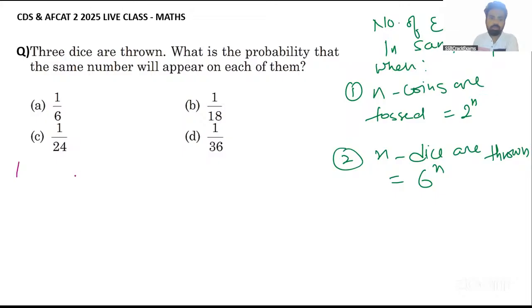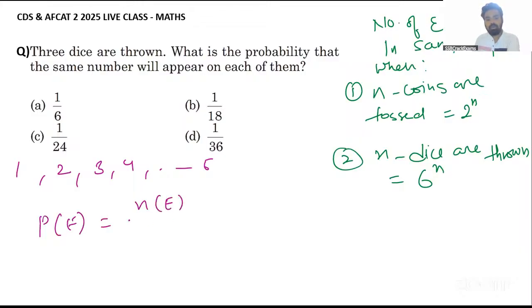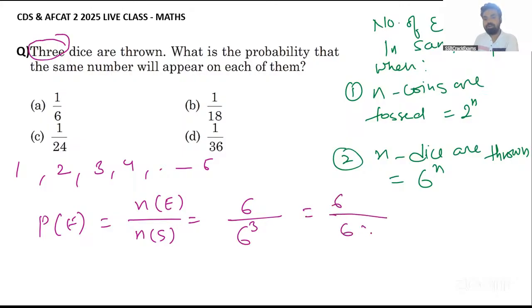It means 1 on each of the dice, 2 on each, 3 on each, 4 and so on, 6 on each of the dice. It means 1, 1, 1, 2, 2, 2, 3, 3, 3, 4, 4, 4, and 6, 6, 6. So probability will be number of favorable outcomes upon number of total outcomes. The number of favorable outcomes will be 6 only, and the number of total outcomes, since 3 dice are thrown, is 6 power 3. So it is 6 upon 6 into 6 into 6. You can cancel out one 6, and it will be 1 upon 36. So option number B is correct.